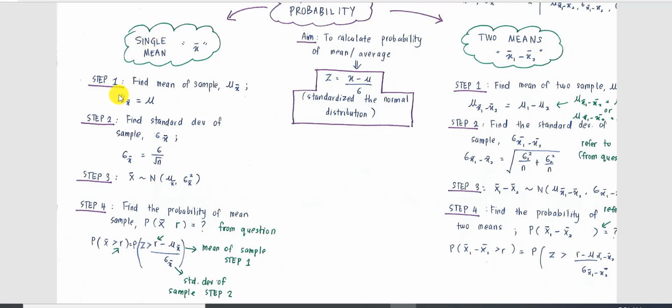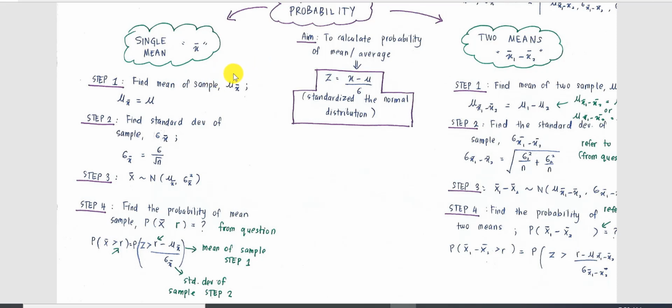The first step is we must find the mean of the sample. From the question, we are already given the mean of the population, and also the variance or the standard deviation of the population. So we are going to find the mean of the sample.